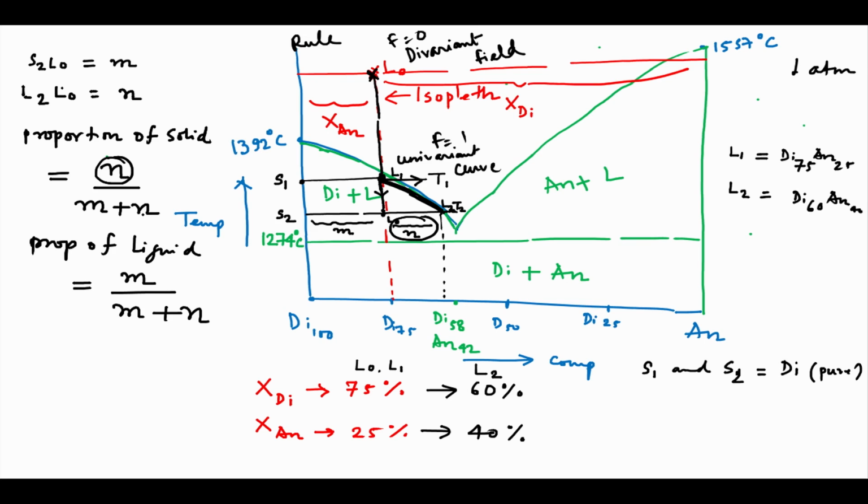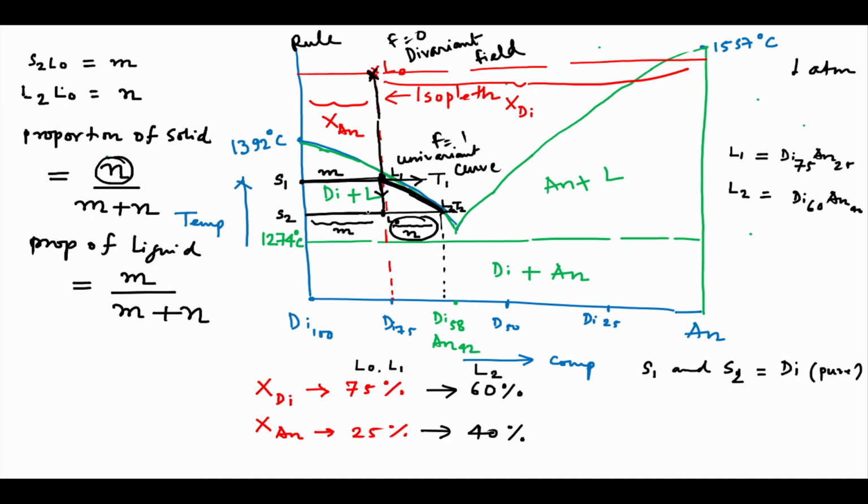Okay. So, basically when you are decreasing the temperature, your proportion of liquid is always the same. Here the proportion is m, that is the proportion of liquid. Here also the proportion of liquid is m, but because you are increasing the proportion of solid, your reaction is producing more solid. You are keeping the proportion of liquid the same while decreasing the temperature.